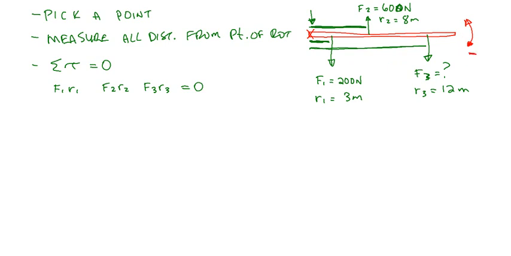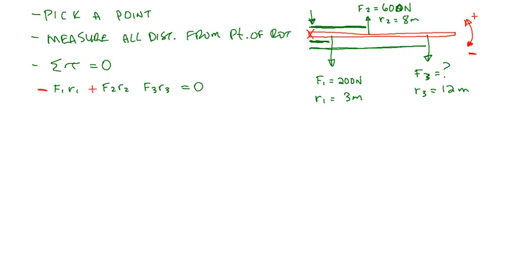So I'm going to call this the negative direction, and F1 R1 would be a negative torque. It tries to rotate it in the clockwise direction. F2 lifts up. If I'm holding my pencil at this point and I push up on it right there, then it's going to go upwards, and so I would call that torque positive.